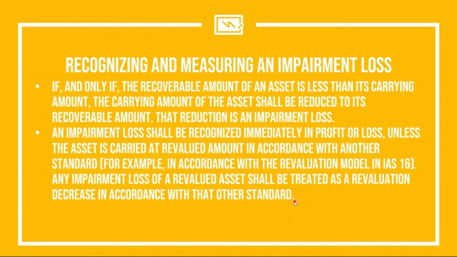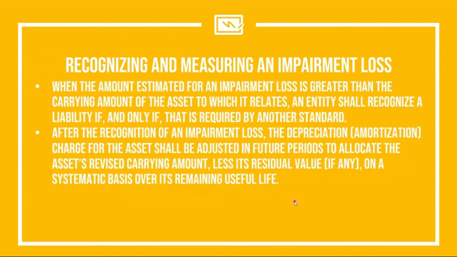Because prior to recognizing impairment loss, we need to first deduct any amount of revaluation surplus or similar item, and then any unabsorbed portion will now be recognized as impairment loss. So when the amount estimated for an impairment loss is greater than the carrying amount of the asset to which it relates, the entity shall recognize a liability if and only if it is required by another standard.